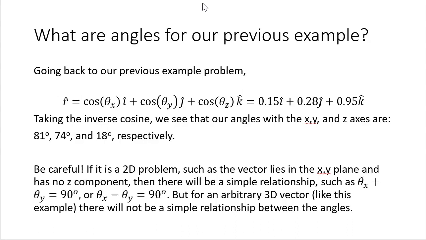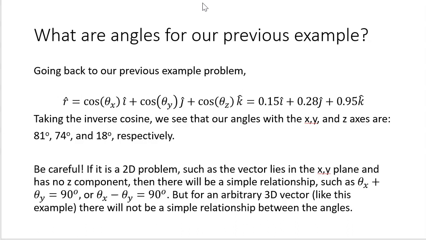As you can see here, if you look at the angles 81 degrees, 74 degrees, and 18 degrees, there doesn't seem to be too much rhyme or reason or mathematical relationship between those three angles. And that's typical of a regular three-dimensional vector. There's not going to be a simple relationship between the angles. Now, if it were just a two-dimensional problem and the vector just lay in the xy plane and didn't have a z component, then of course the angle with respect to the x-axis plus the angle with respect to the y-axis would sum to 90 degrees.